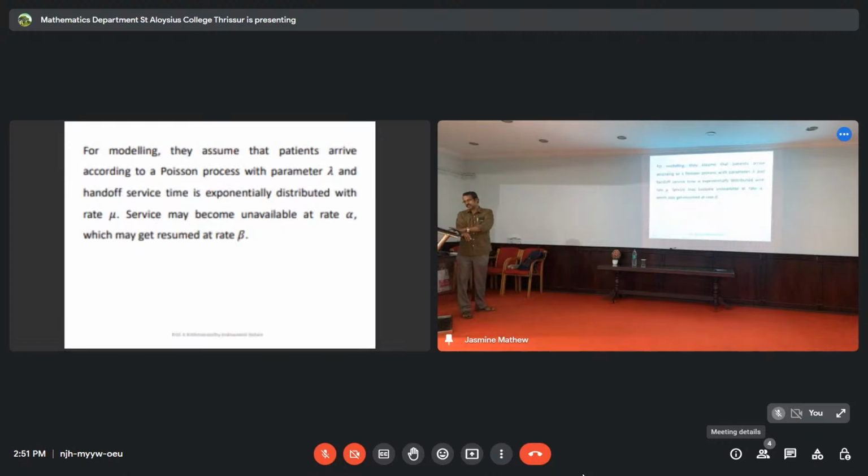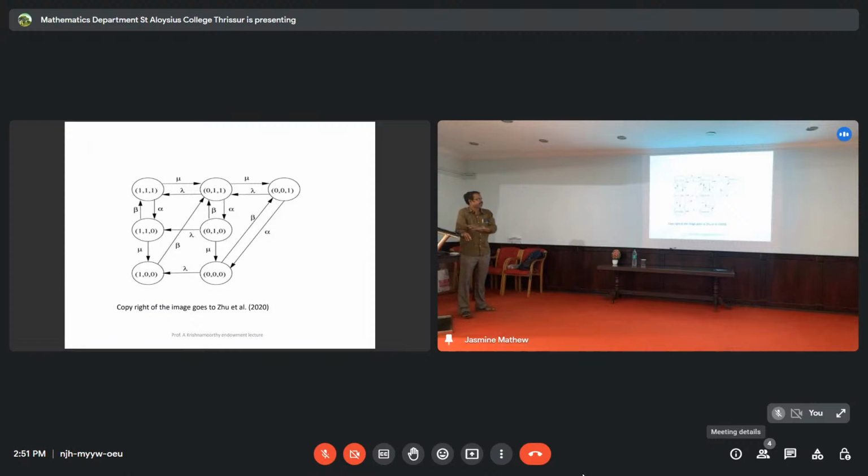There are some assumptions regarding the arrival and service process. The graphical representation is also shown; this model is due to Su et al. 2020. So this diagram is taken from their paper.